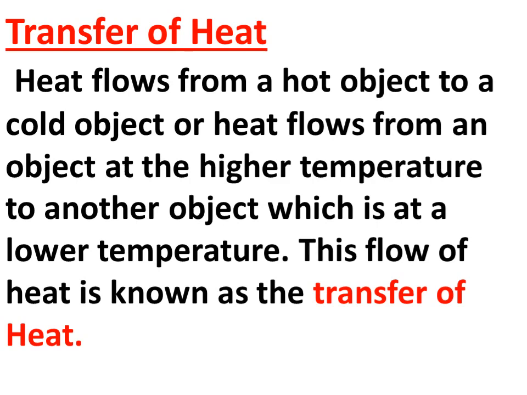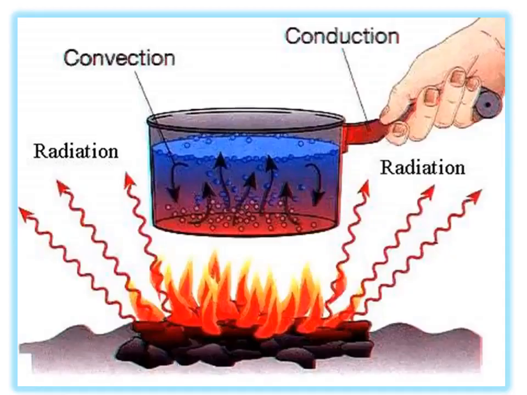This flow of heat is known as transfer of heat, and there are three ways of transferring heat. We will talk about it. You can see with this diagram I am covering all three ways: one is radiation, another is convection, and the other one is conduction.